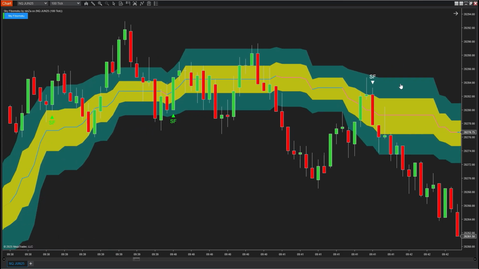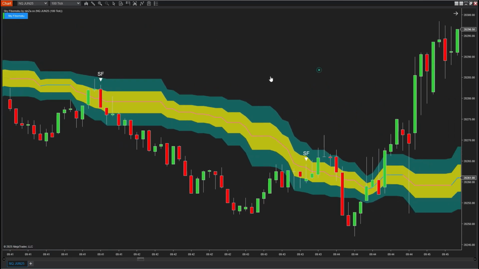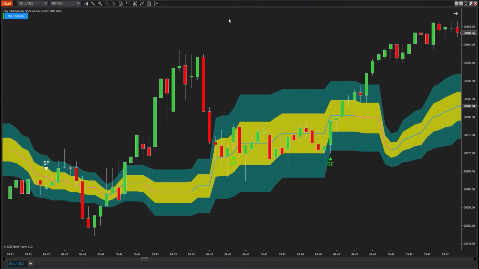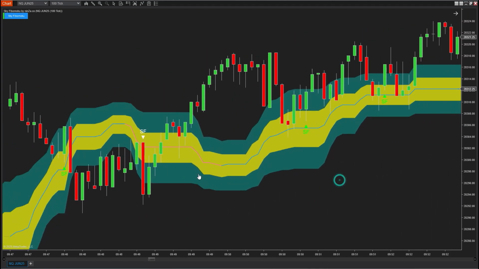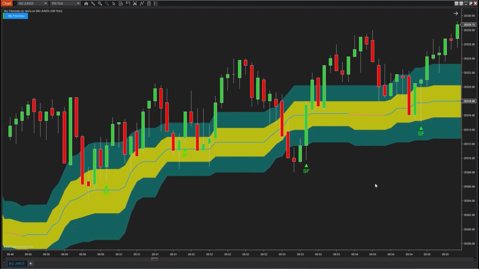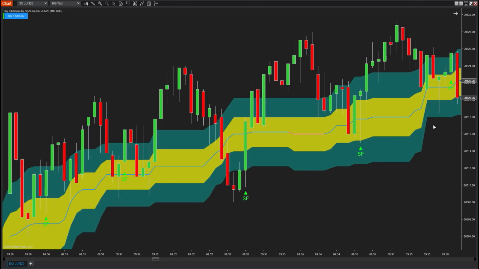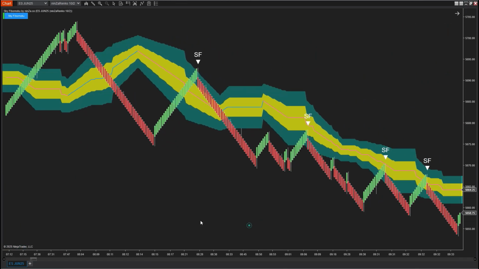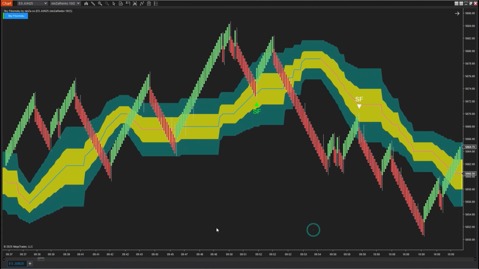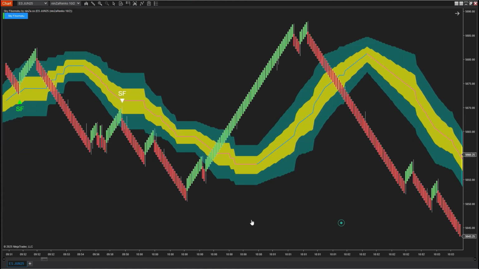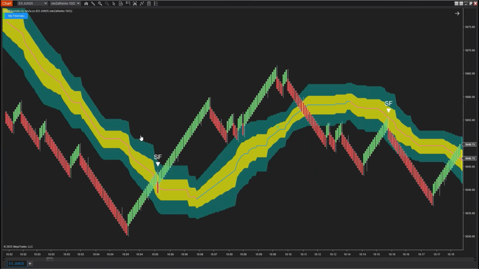Instead of just marking levels, it highlights price areas that could attract market interest, helping you assess potential trading zones. One of its advantages is its adaptability to different assets and timeframes, allowing you to analyze signals within specific market contexts. However, like any tool, its effectiveness depends on how you integrate it into your overall trading strategy.